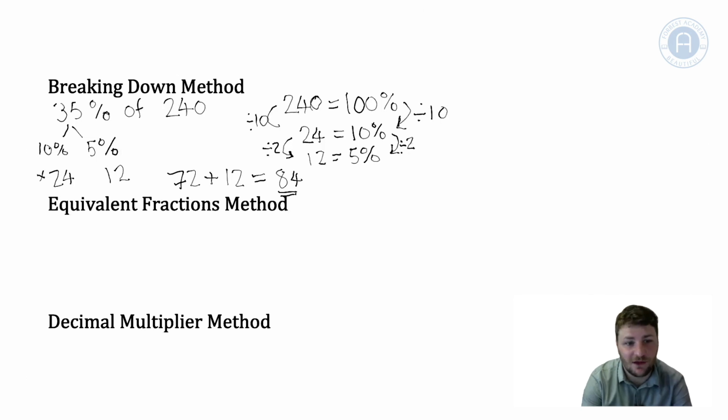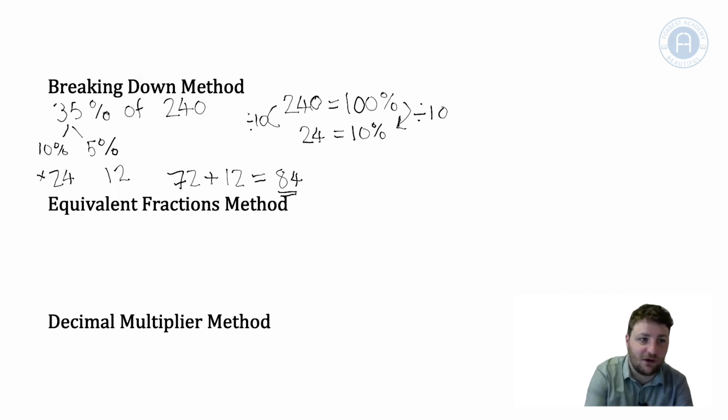So we looked here at 3 lots of 10%, 1 lot of 5%. And then by using 240 as 100%, we can break that down into 10% and 5%. Now, if our percentage wasn't as nice as 35%, what we could do is look at 10%, and rather than divide by 2 to get 5%, we could actually divide by 10 again to get 1%.